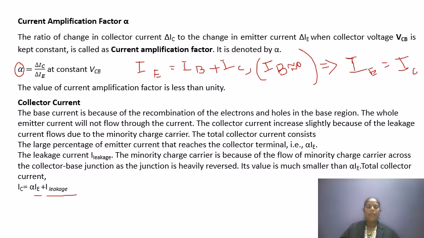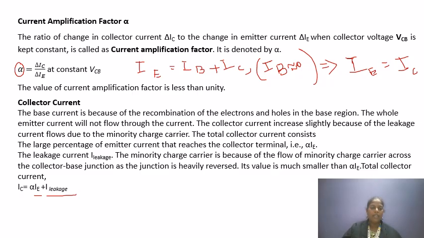The base current is because of the combination of electrons and holes in the base region. The whole emitter current will not flow towards the collector. There is a small leakage due to the minority charge carriers, represented as I leakage. A large percentage of emitter current reaches the collector, which is alpha.